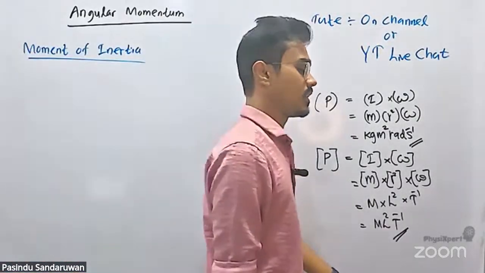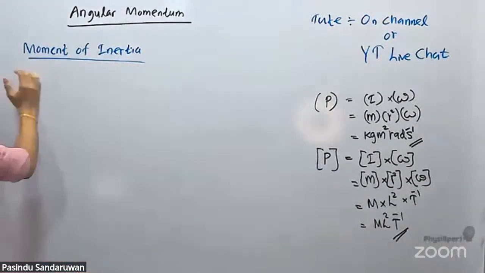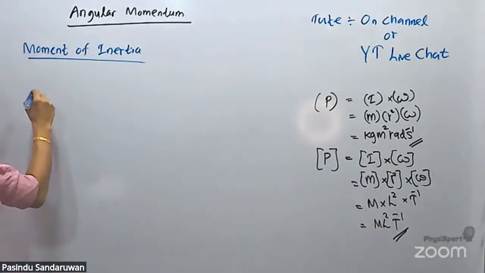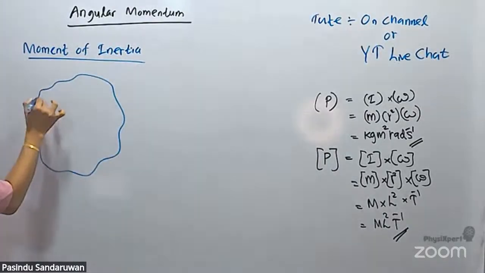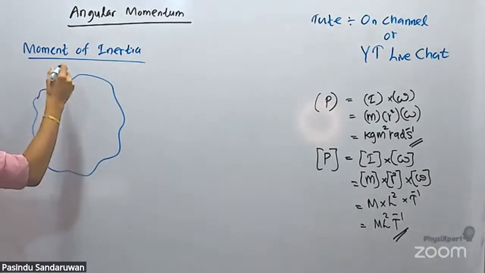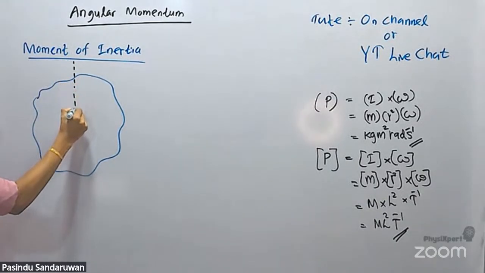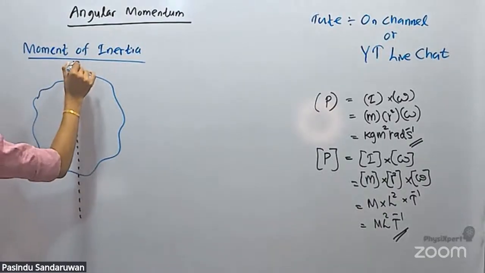Okay, look at the board. Moment of inertia. Let's assume this is a random object and the object is going to rotate around this axis. Let's label this axis as y.